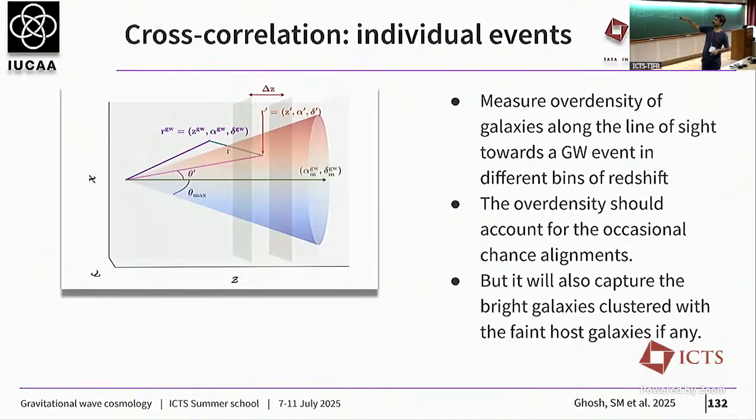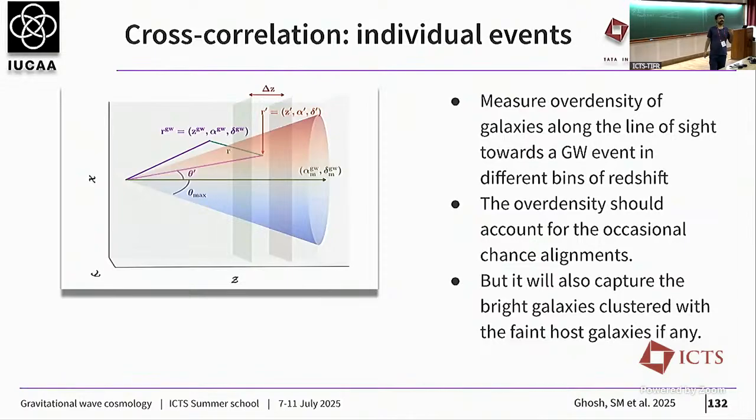You count the number of galaxies that exist here. Then you shoot random lines of sight and you ask how many average number of galaxies that I expect within that redshift bin. Then you take a ratio of that. So the number of galaxies that you actually see towards the gravitational wave event in a certain redshift bin divided by the expected number, minus 1.